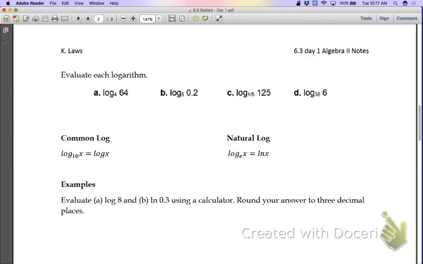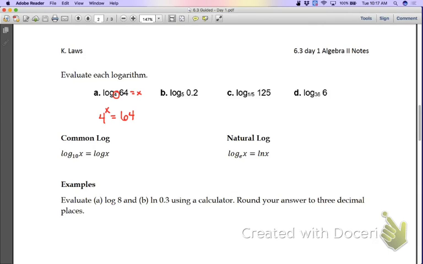So the same thing goes whenever I evaluate. If I have log base 4 of 64, if you're not sure how to do this, turn it into an exponent. Basically, it's equal to x. So it's 4 to the x power, so 4 to what power gives me 64?